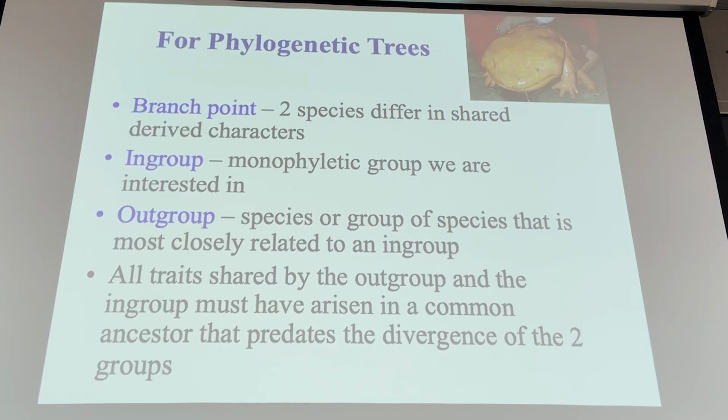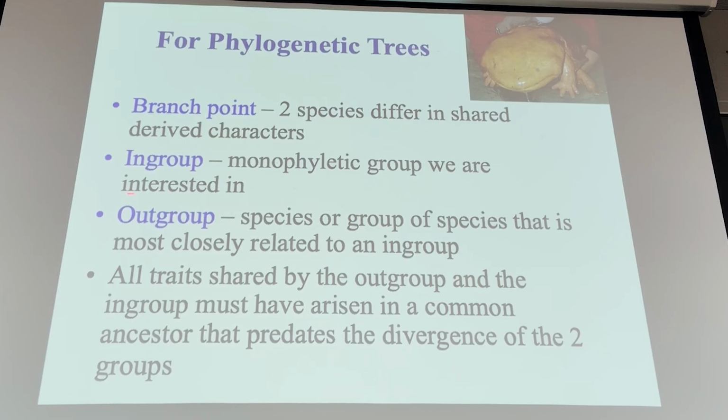So we could use plesiomorphies to do that. If you're not in the group, but you have maybe one or two of the ancestral characters, for example, and not all 10, then you might be the closest related species to the monophyletic group. They're called our outgroup. Okay, the outgroup roots our tree or helps us understand what's ancestral versus what's derived.